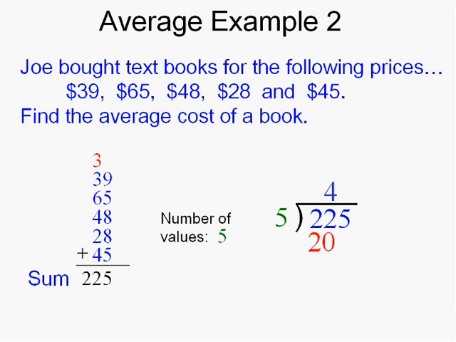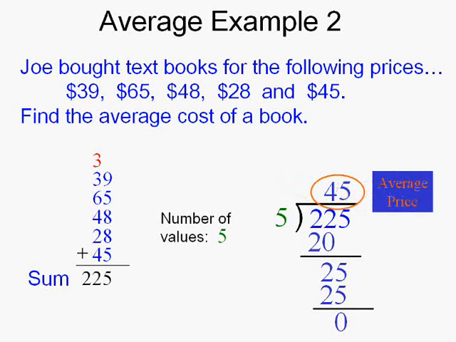Multiply, get your 20. Subtract, bring down the next digit. 5 into 25 goes 5 times. Multiply, subtract, bring down the next digit. And there isn't the next digit, so excellent, you've got your average price.